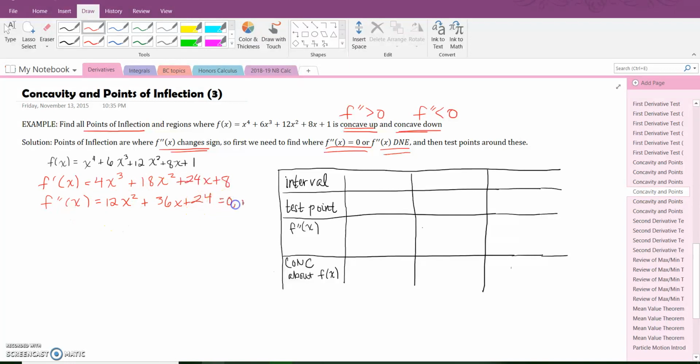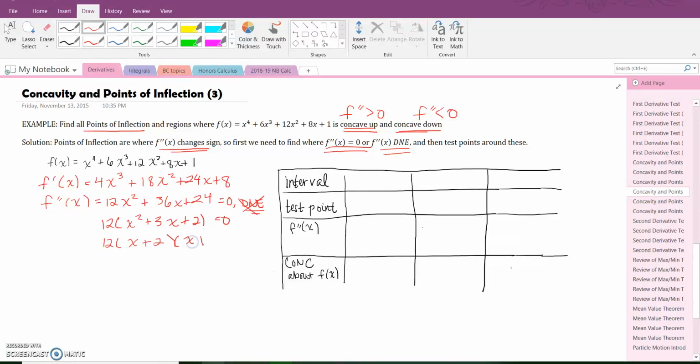Now, we have a polynomial here. So a polynomial never does not exist. The polynomial exists everywhere. So we can only find where this polynomial equals 0. Now, I don't feel like factoring with a 12 there, so let's take a 12 out and make our factoring life way easier.